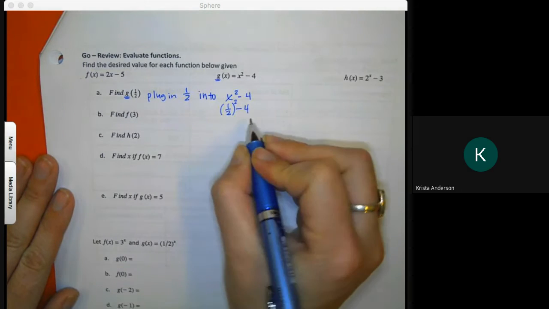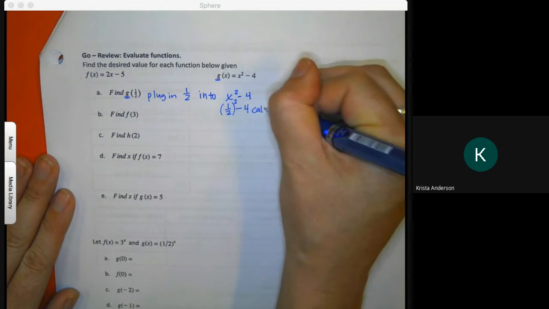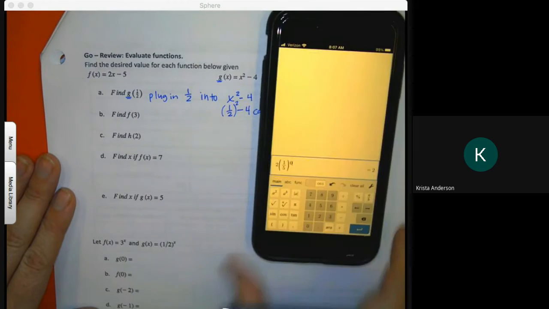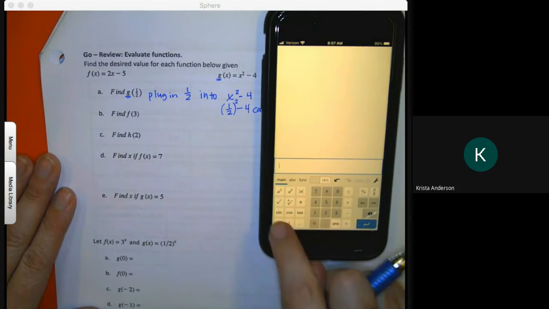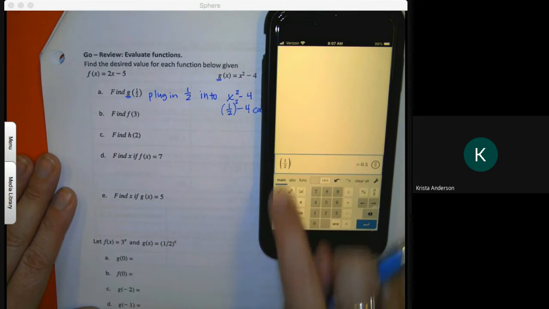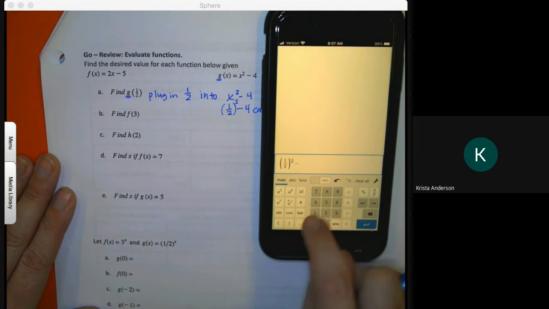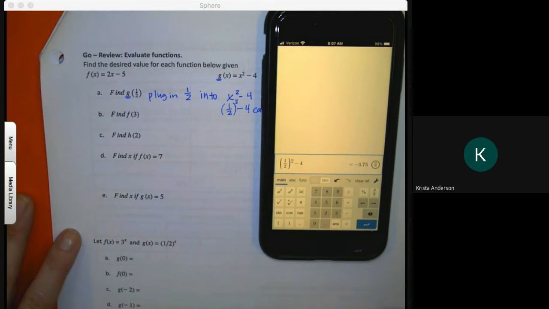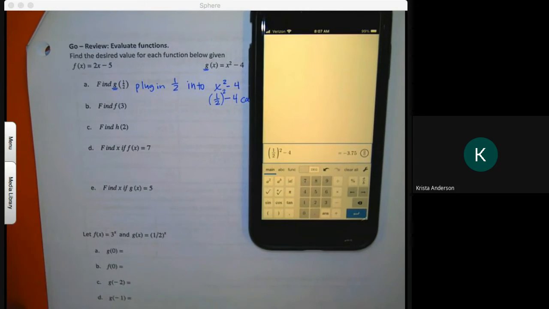When I enter this on my calculator, I would have 1/2 squared minus 4. I can write the decimal, or I could write a fraction.